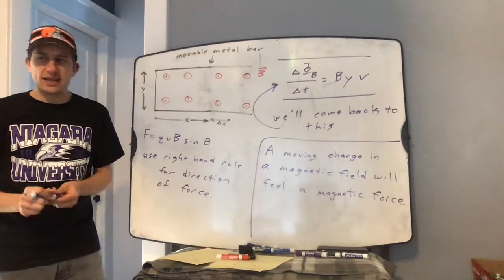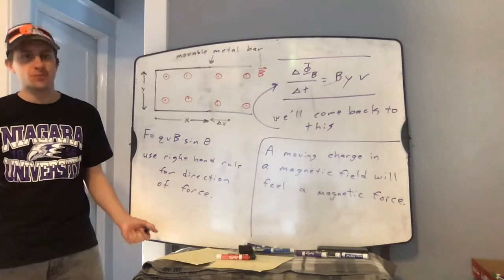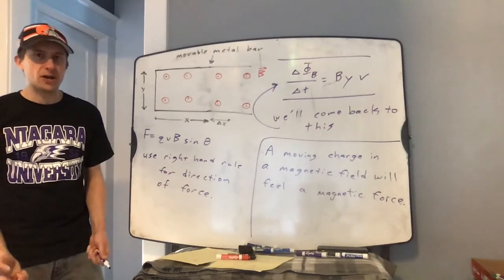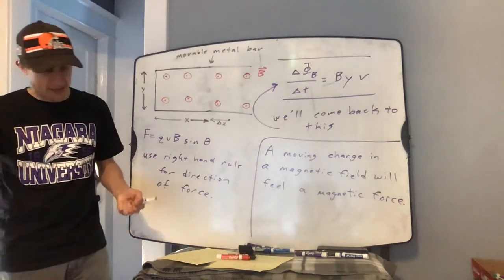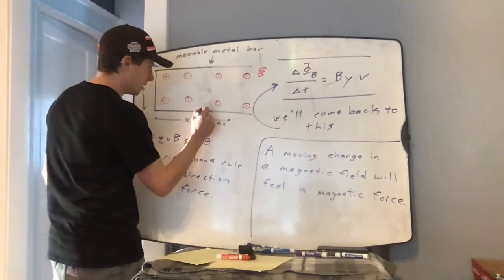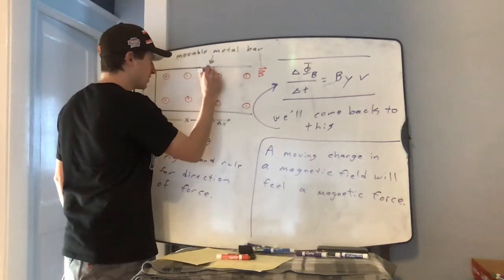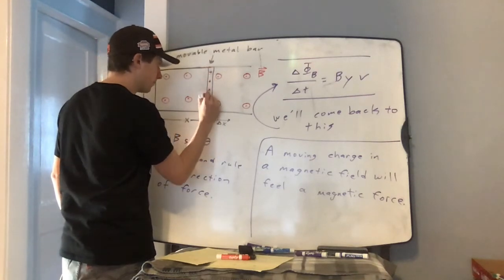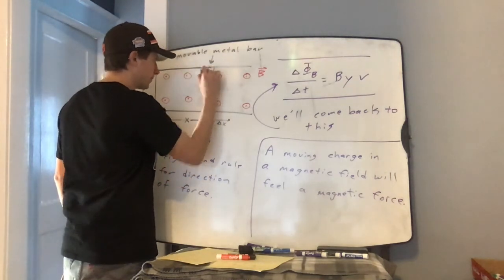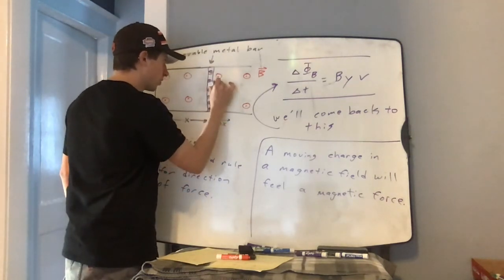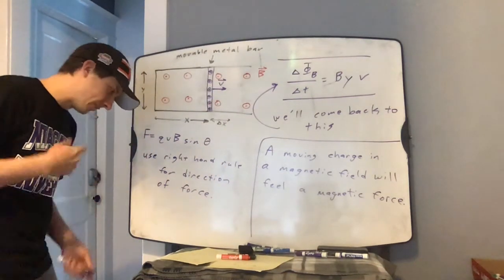I said in nature, what we have is electrons residing in the bar, the conduction electrons in the metal. I could just as well think of positive charges in the bar, and that's fine for the purpose of what we're doing. So here is our bar that is going to be moving, and I'm going to draw some positive charges inside the bar. So here are my positive charges inside the bar. And the bar is moving with a certain velocity in that direction, to the right.